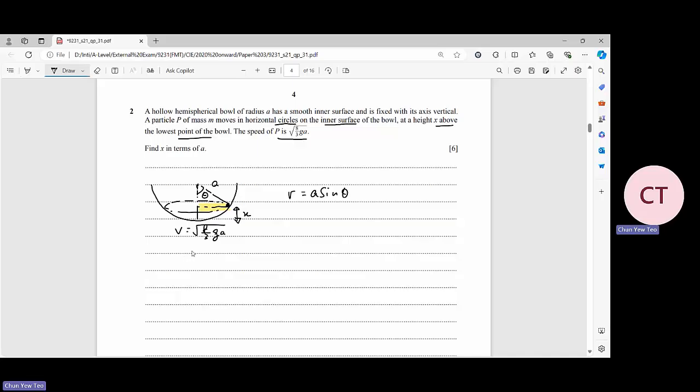Let's take this triangle out. This is the theta. This is the A. This will be A minus X. So you can see that our cos theta is actually (A minus X) over A.